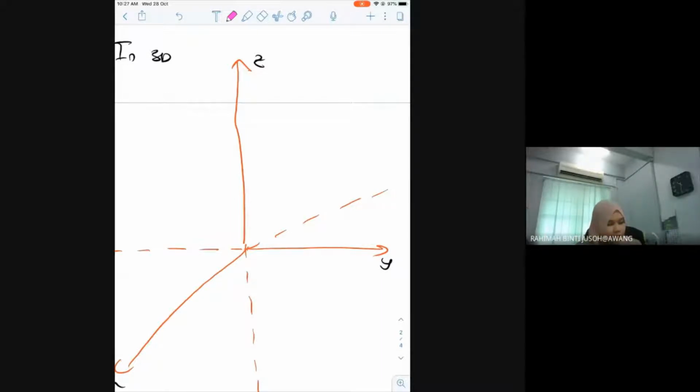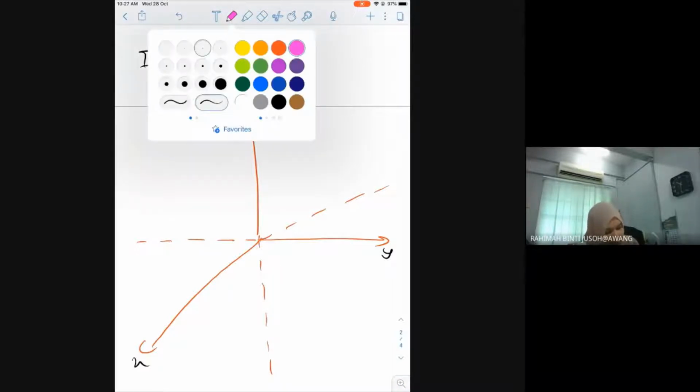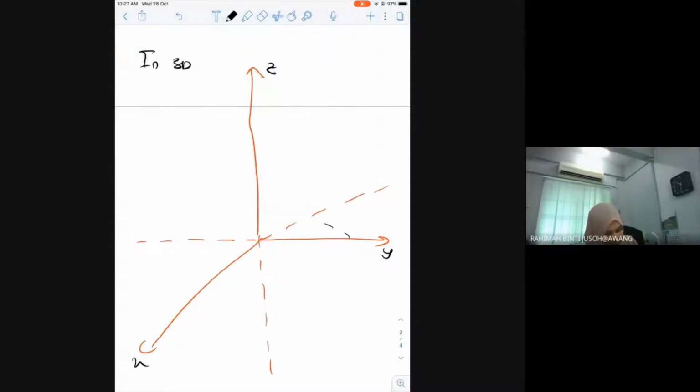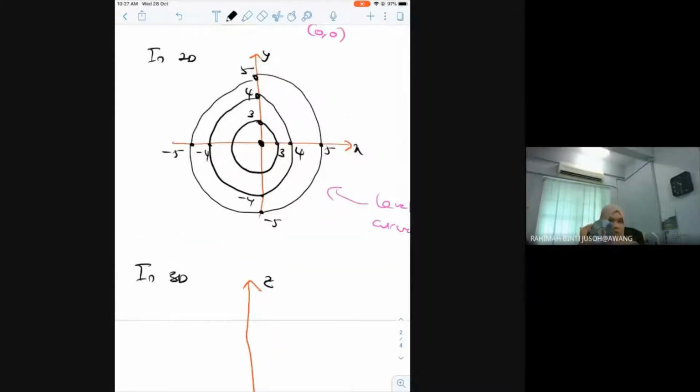So, at the level of k equals to 0, when there is no height, which means on the floor, on the xy plane, we will have the biggest circle with radius 5. Get what I mean? In 2D, the circles are like this. Bulat-bulat macam ni.